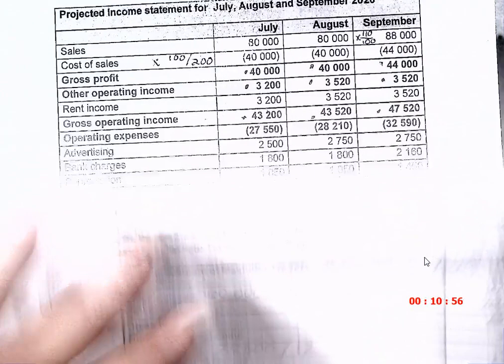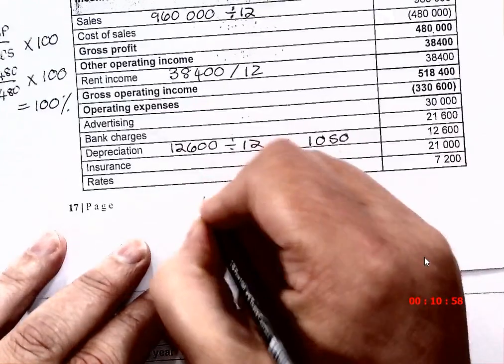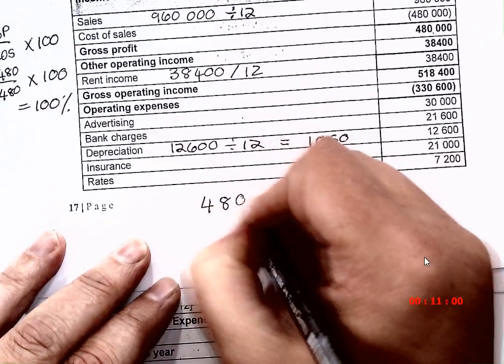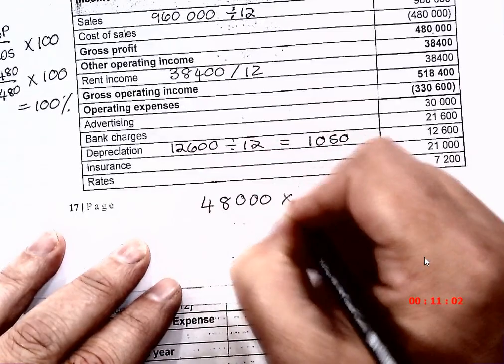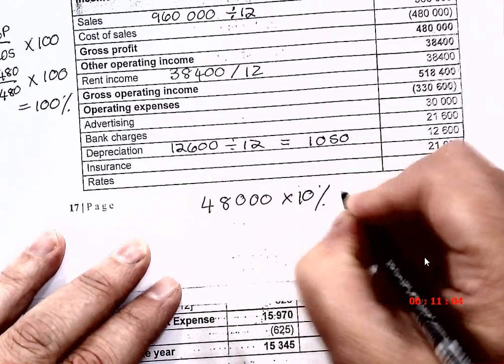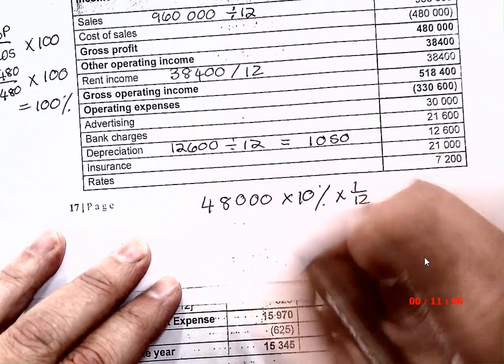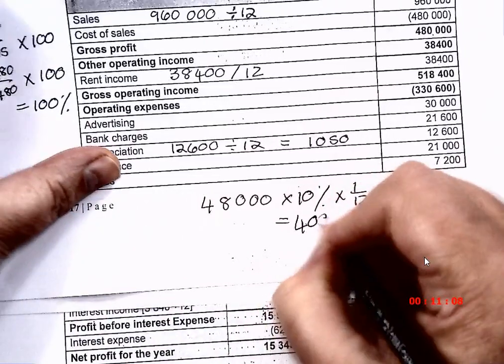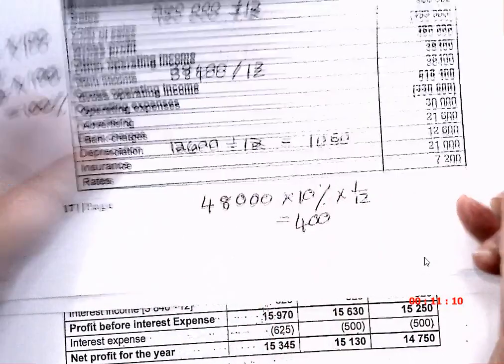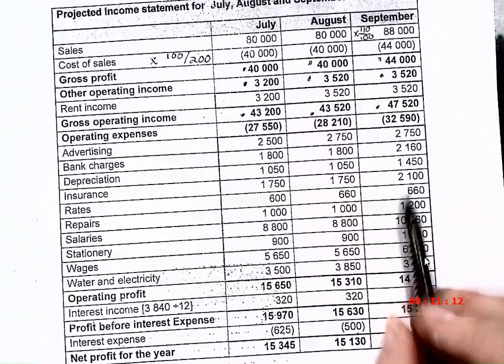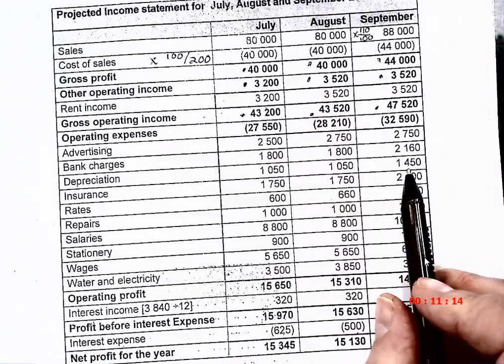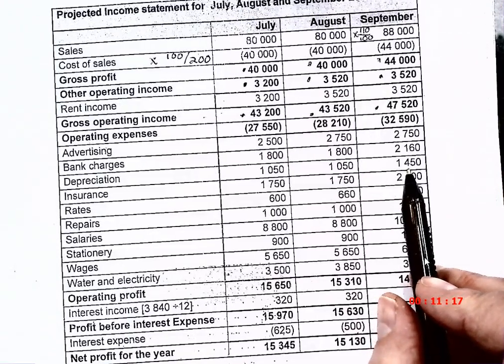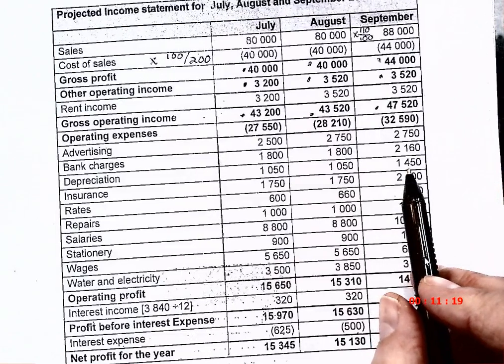So that extra I'm going to calculate. The 48,000, 10% for 1 month gets me 400. And then I add the 400 to the 1050. Okay. If you didn't know how to get it, do you know now?